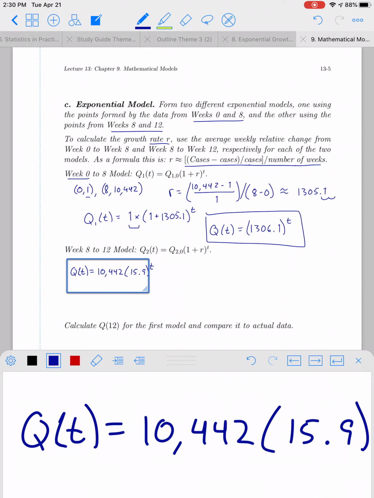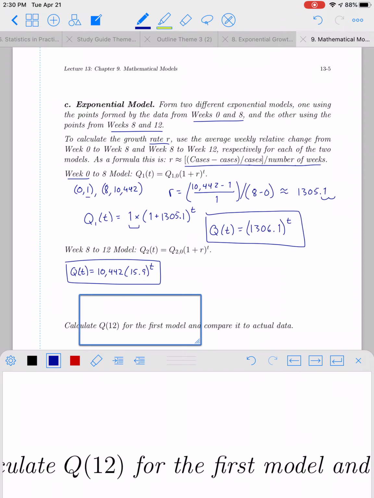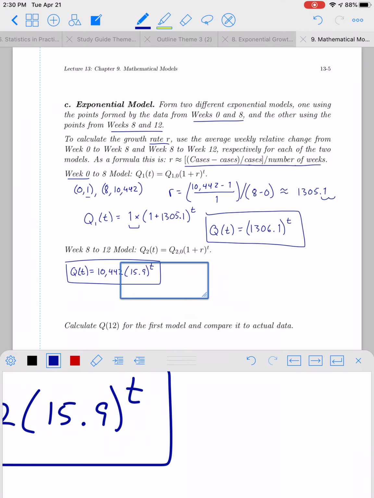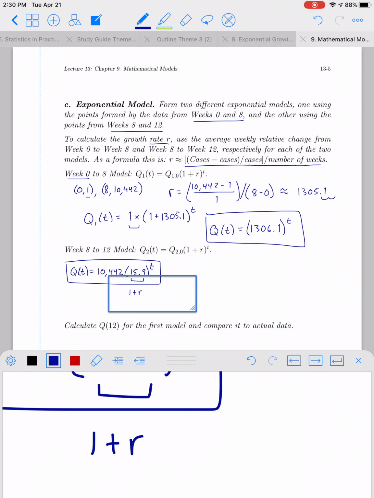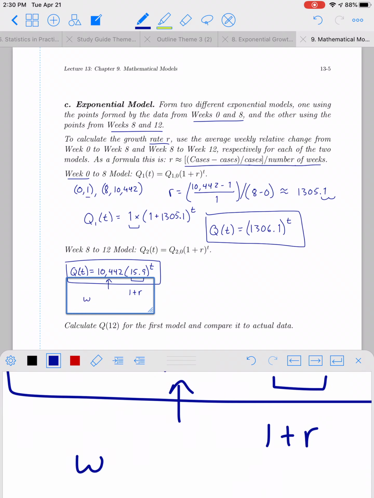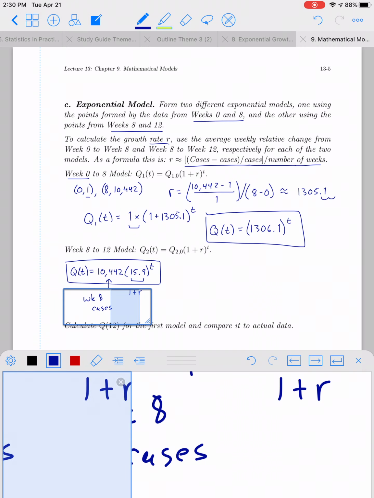That R might have been approximated along the way, but we follow the same steps. The numbers for week 8 and week 12 that we had previously. We'll find R in the same manner as above. 1 plus that R ends up being this. You need to check. And then this was the number of cases we had in week 8, Q naught in this case.